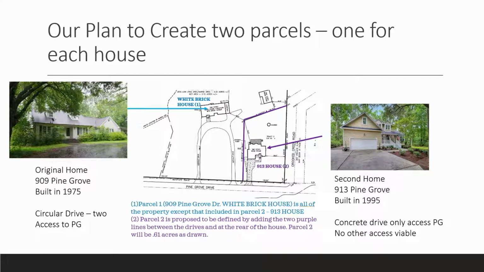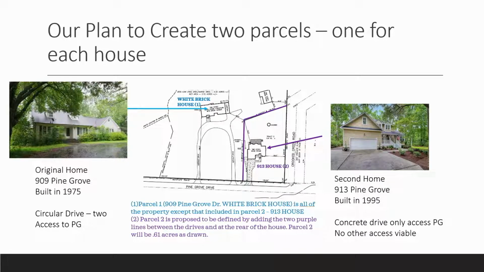It will include the original home, which is 909 Pine Grove, the white brick home. That home was built in 1975 and was inhabited until the occupant died, I think in 2017. There is an asphalt circular or loop driveway accessing that property.